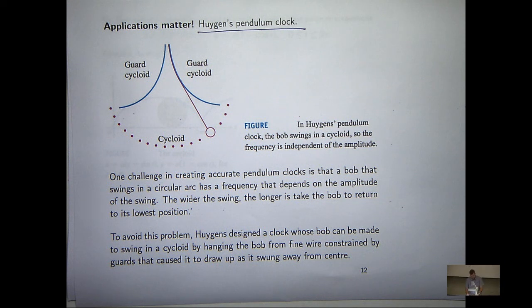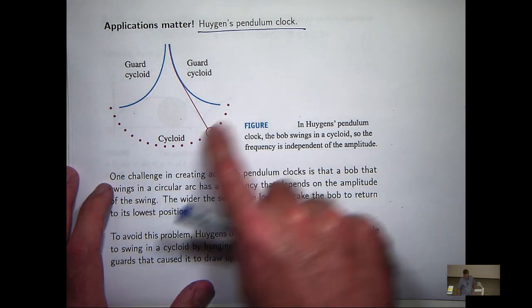Now, Huygens came up with the following. He said, okay, let's not get a circular arc here.